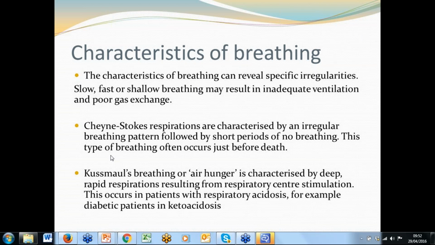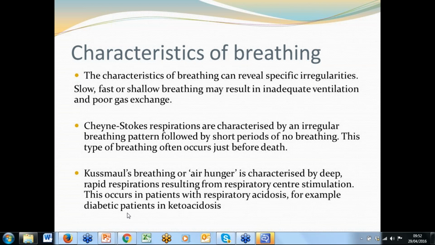So, characteristics of breathing. I think I've probably got over to you that it can reveal specific irregularities and which demonstrates that there's poor gaseous exchange taking place. You may hear the term Cheyne-Stokes respirations, irregular breathing pattern and short periods of no breathing.